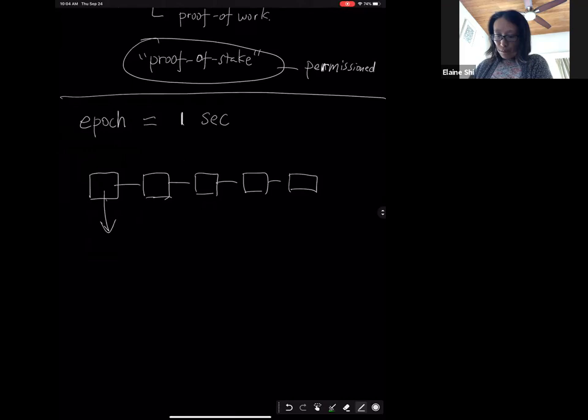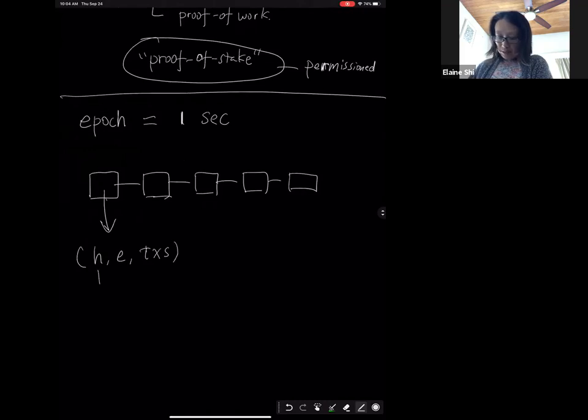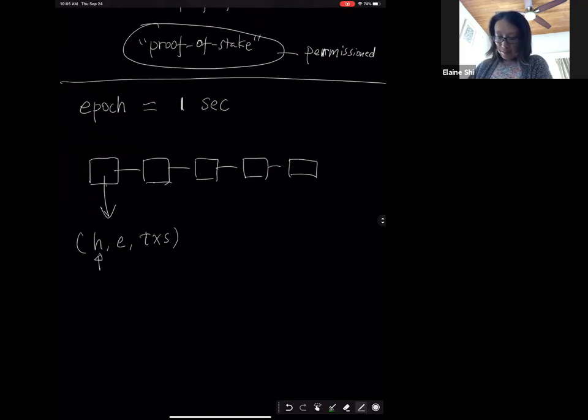We are going to assume every block contains a tuple, H, E, and TX. The first block is called the genesis block. The first block is canonical, and the genesis block is of the following form.